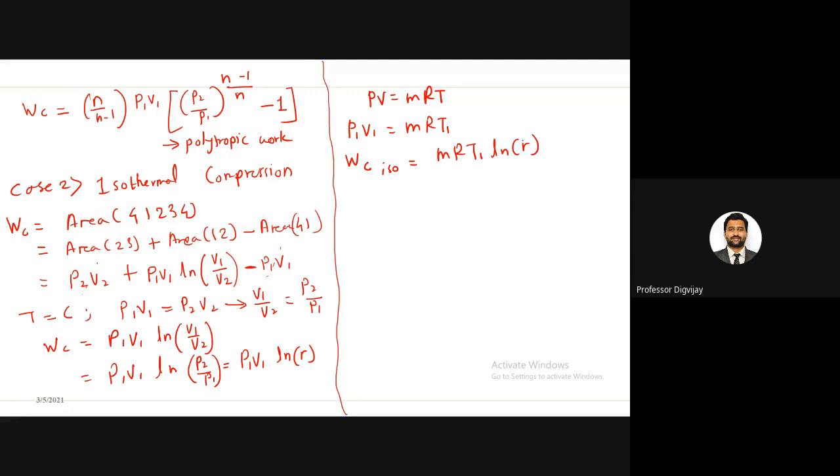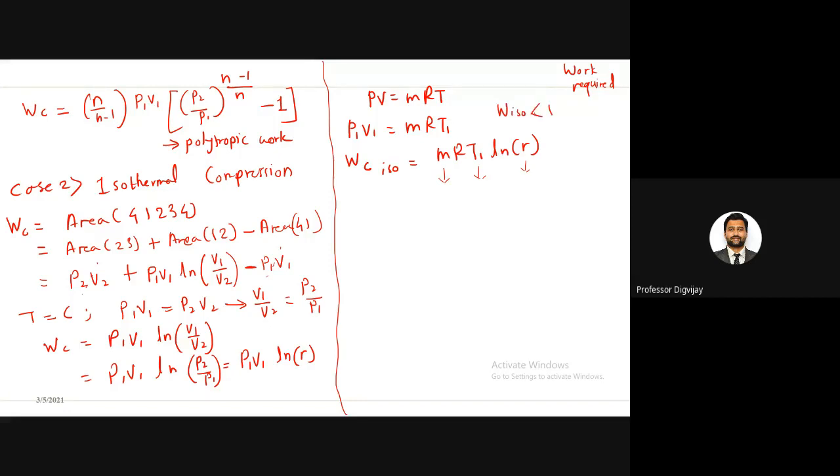So here in this case, if you know the mass flow rate of air, the temperature of the incoming air, and the pressure ratio, you can easily calculate the amount of work required in an isothermal compression. We have seen from the diagram that, for the work required for compression, isothermal work will be the minimum work required.